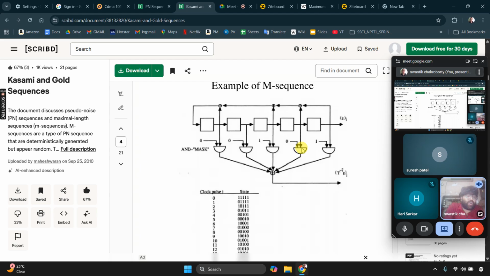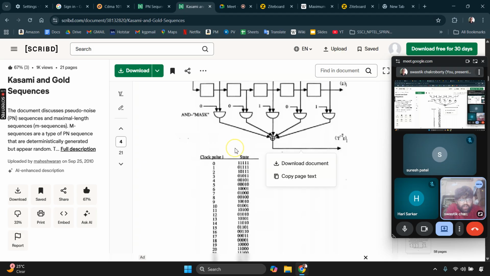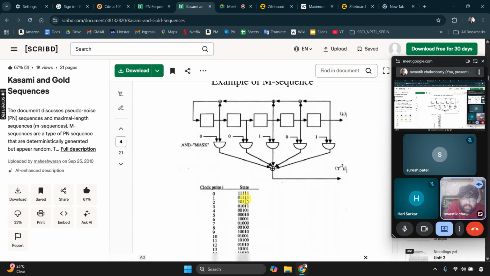When you put all zeros, then in the next pulse also, whatever combination you use, it is all zeros again. Why? If all of the coefficients are zeros, then it will always be 0. But you can start from any state except for the dead state. Here they are starting from all ones.